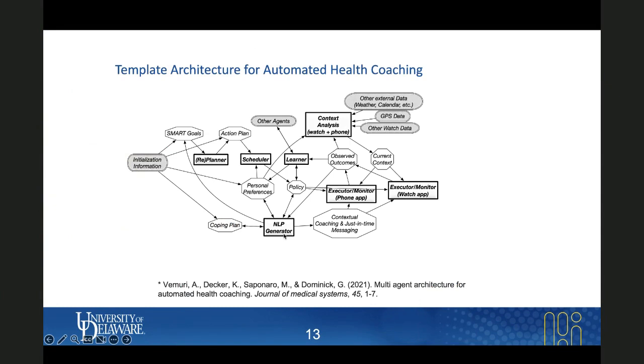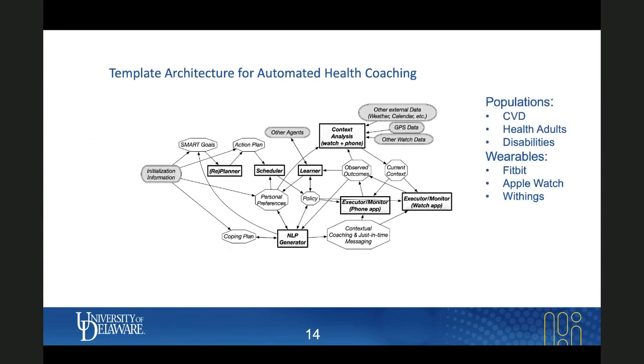Then there is the NLP generator, which generates dialogues with the users. For BSmart, we use finite state machines, but we are currently working on a project in which we are replacing the finite state machines with natural language generators. As I was saying, this is intended to run different studies, not just the BSmart study. We are already experimenting with multiple populations.